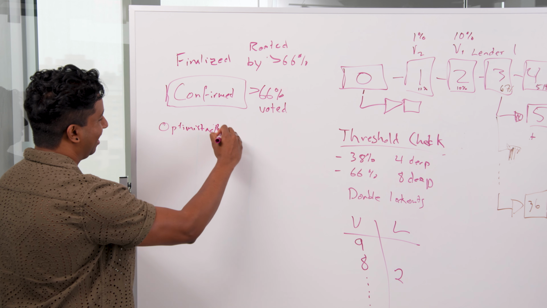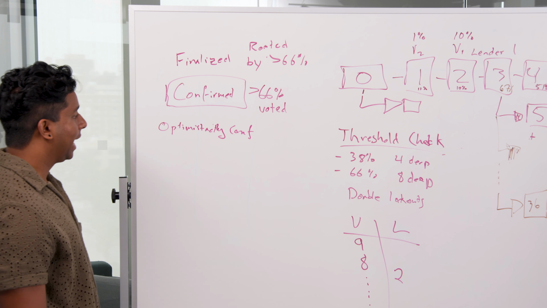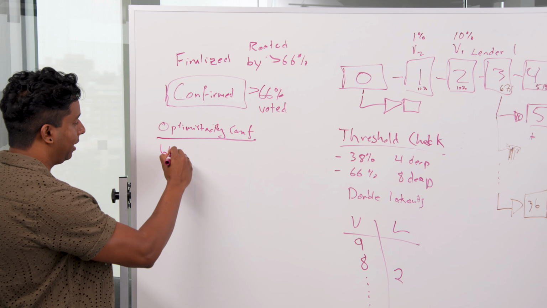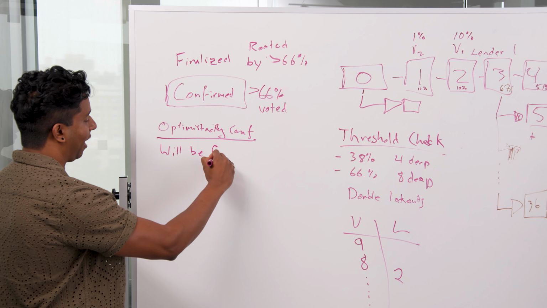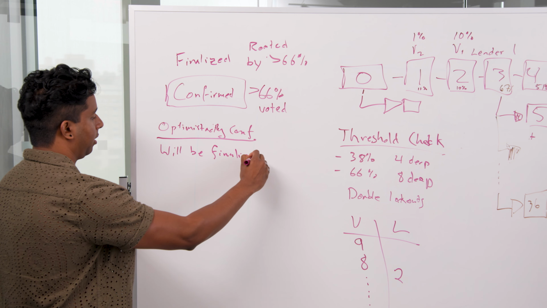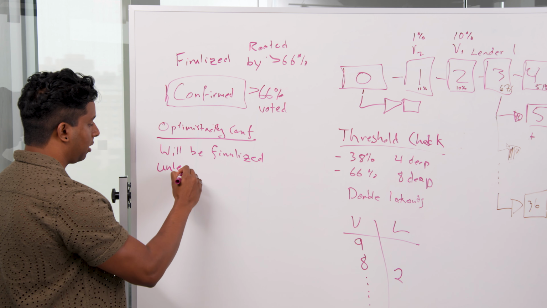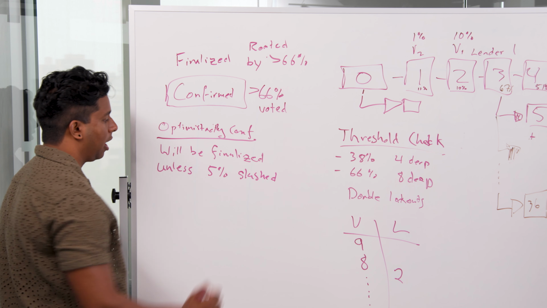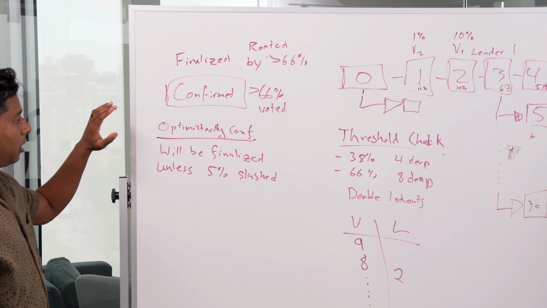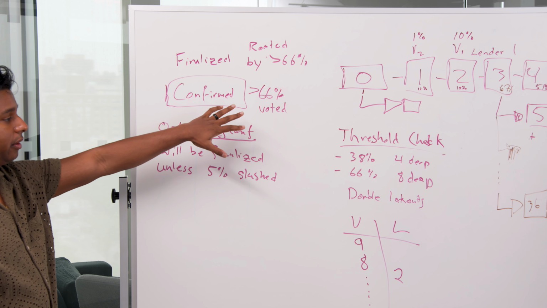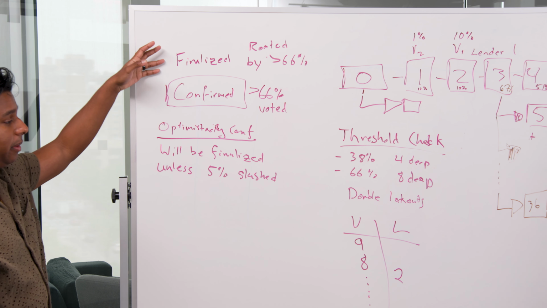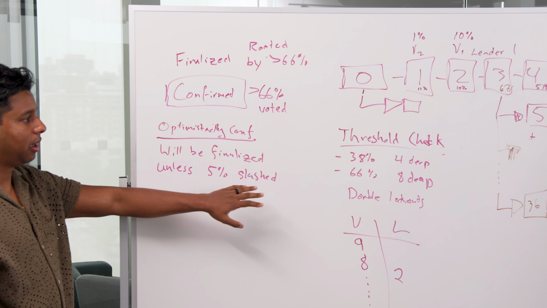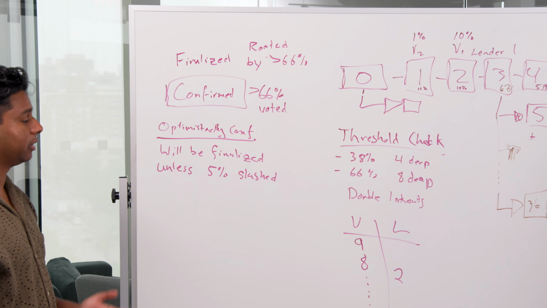And the guarantee that we provide for optimistic confirmation is it will be rooted or finalized unless 5% is slashed. So anything that reaches this confirmation level of 66% will eventually be finalized, unless you have specific scenarios where at least 5% of total stake has committed a slashable violation.